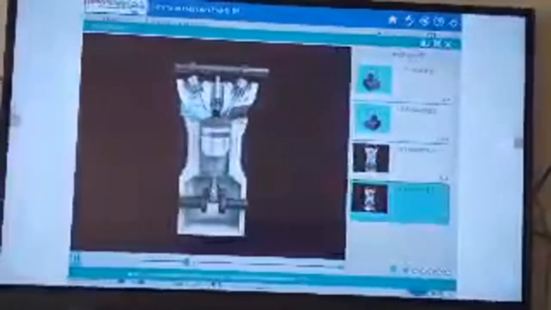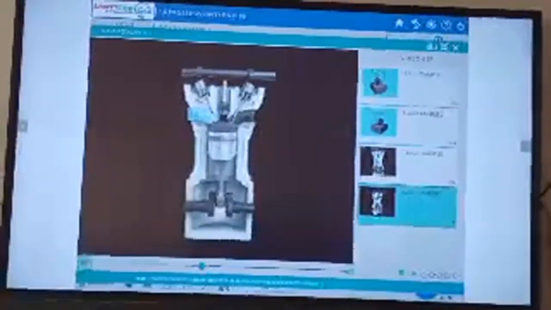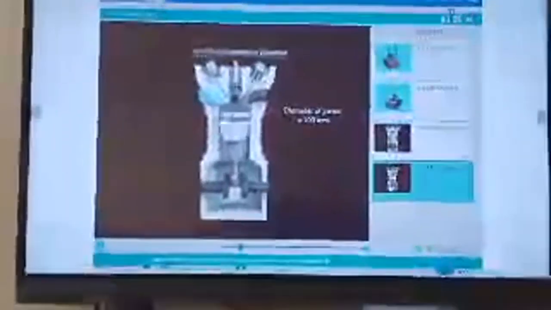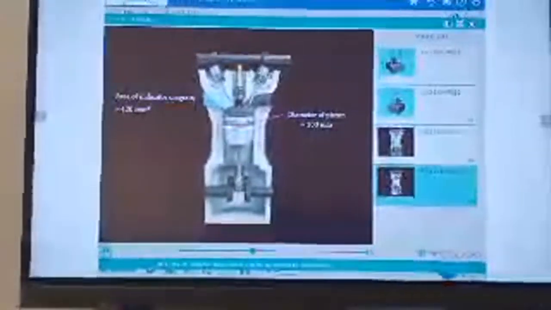Example 4. In this example, we find the indicated mean effective pressure and indicated power of the 4-stroke diesel engine. Let us see the 3D model of 4-stroke diesel engine. Diameter of piston is 100 mm. Area of indicator diagram is 420 mm square.